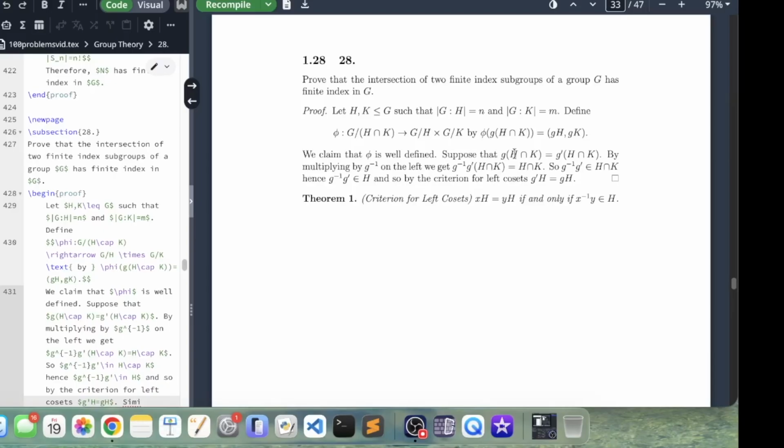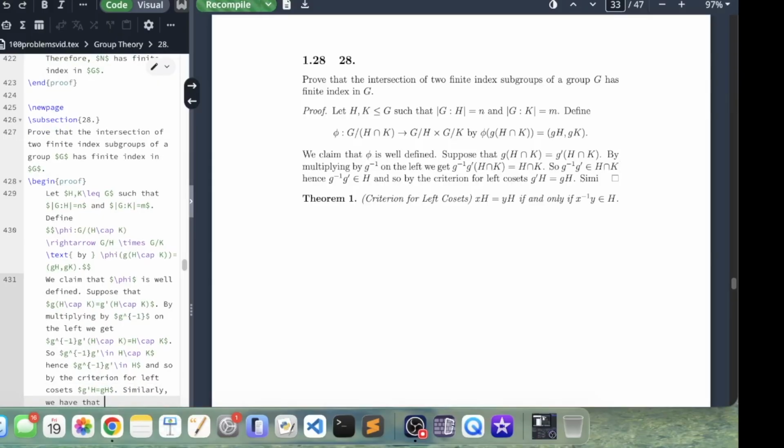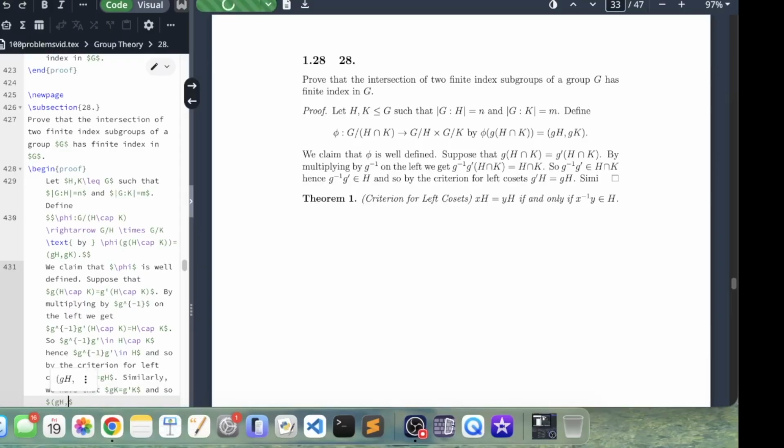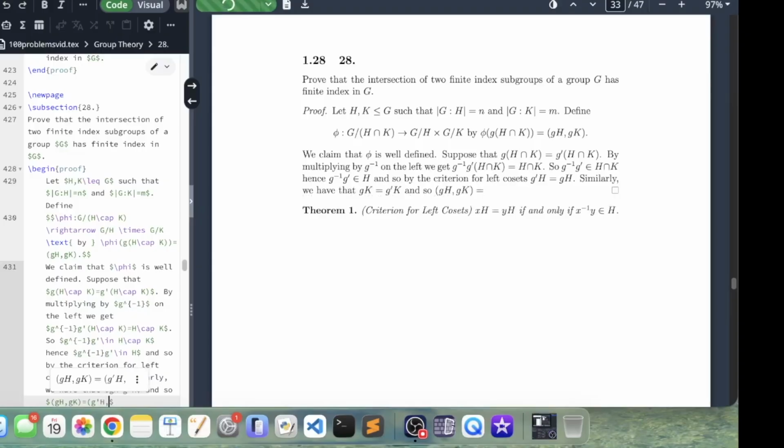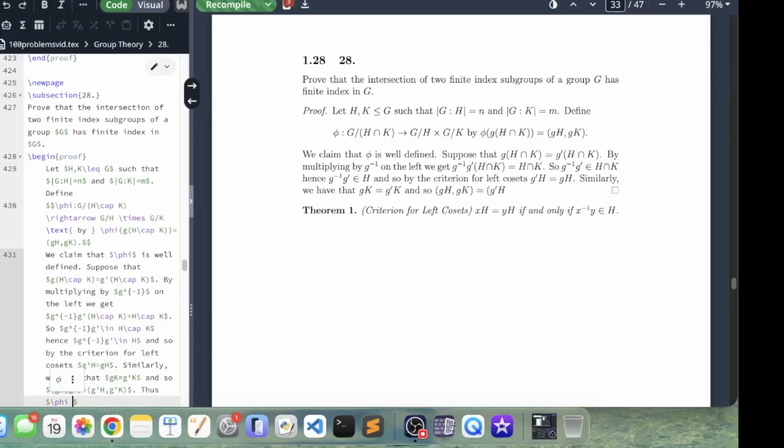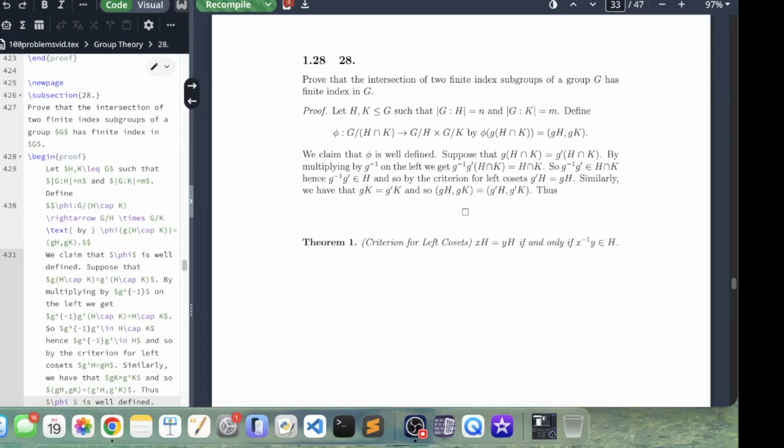We can do the exact same logic with K. It's in the intersection of H and K, so we can just say that it's in K. Similarly, we have that GK is equal to G prime K. And so GH, GK is equal to G prime H, G prime K.